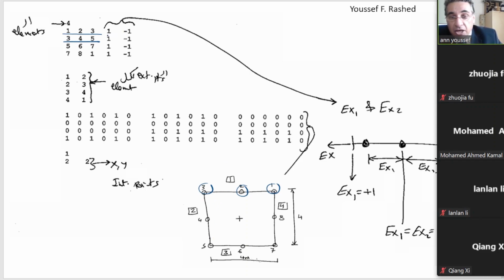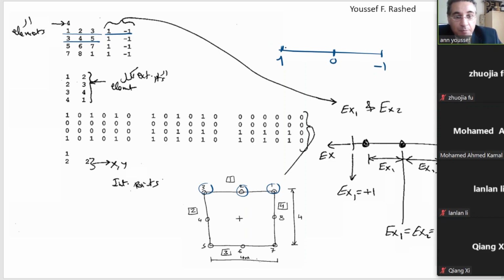Because of that, when I put this one, xi1 and xi2, that means I have continuous elements. The idea here, it is hidden here, is very simple. Here xi, or eta or something like that, at the middle is always 0. And here this is 1, and here is -1.